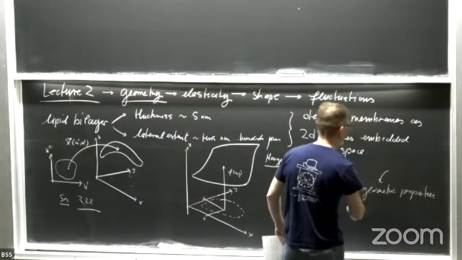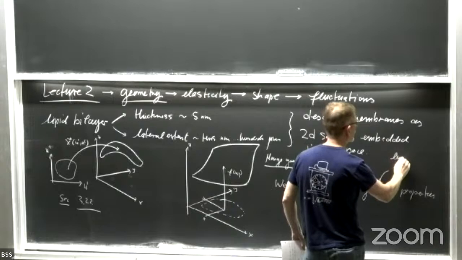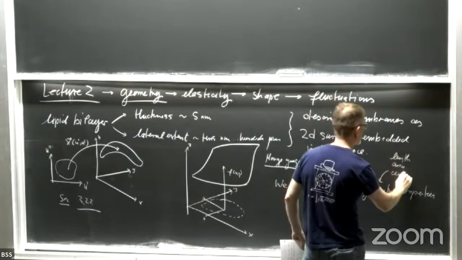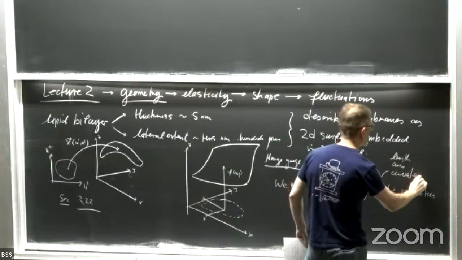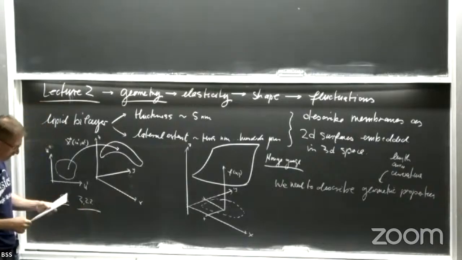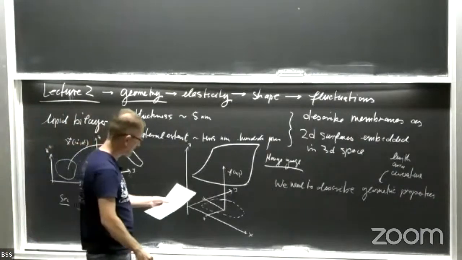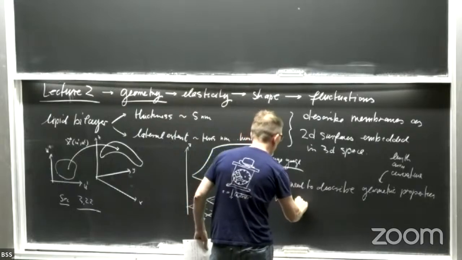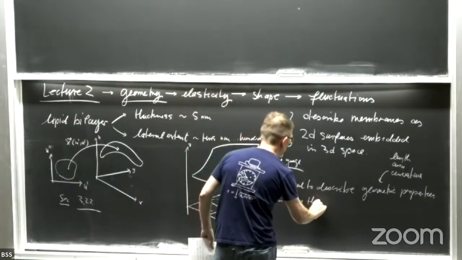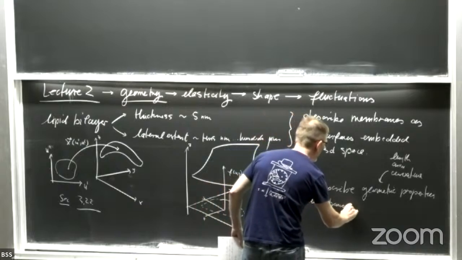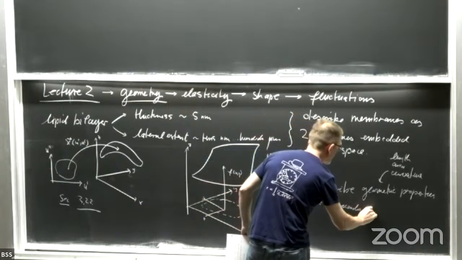By geometric properties, I mean things such as length, area, curvature, or these things that describe the real existing geometry of the surface. We need to do this in such a way that transcends coordinates.